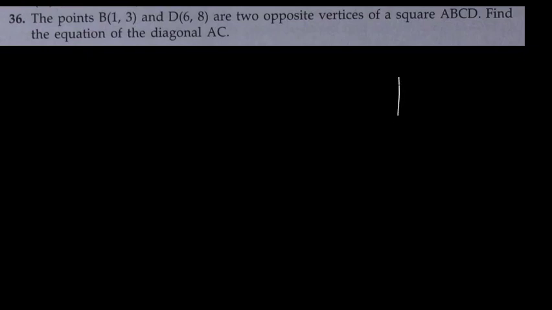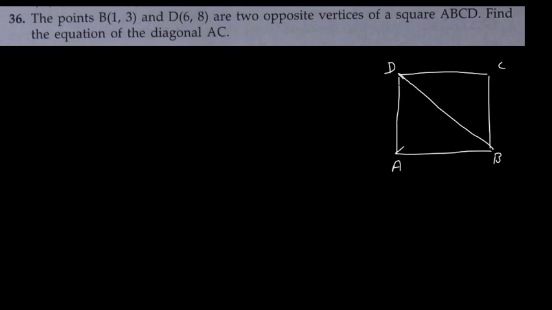So here we have been given a square, and the coordinates of B and D are given, and we have to find the equation of AC. To know the equation of AC, we need the slope of AC as well as any one point on AC.